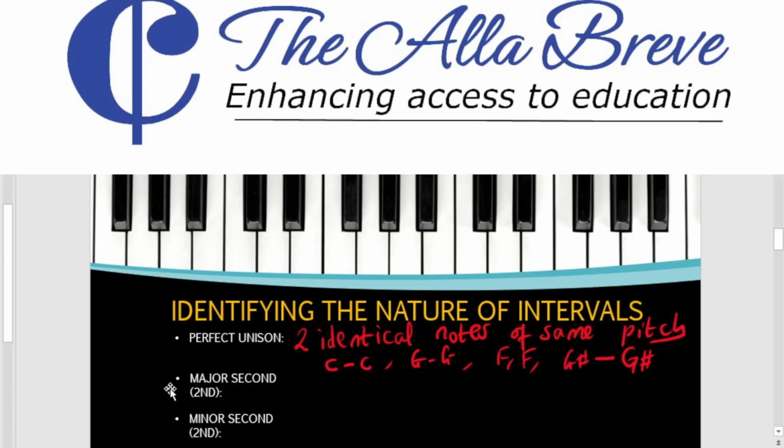How do we identify a major second? A major second usually has two semitones. A major second has a gap of two semitones.